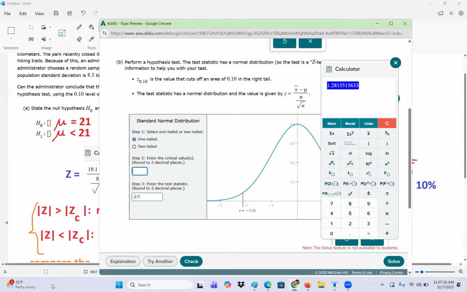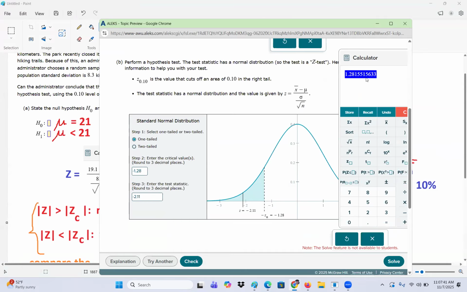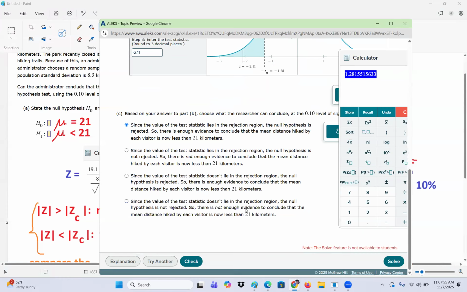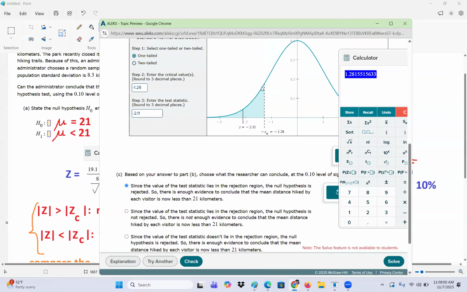So we enter the critical value as negative 1.28. Apparently the test value lies in the rejection region, so the null hypothesis must be rejected.